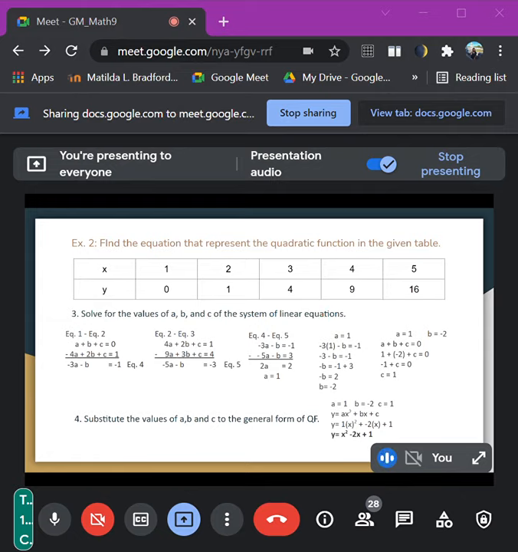But don't worry, this is the last topic for quadratic function. Okay, next lesson is variation. Questions, clarifications, none? Okay, none.